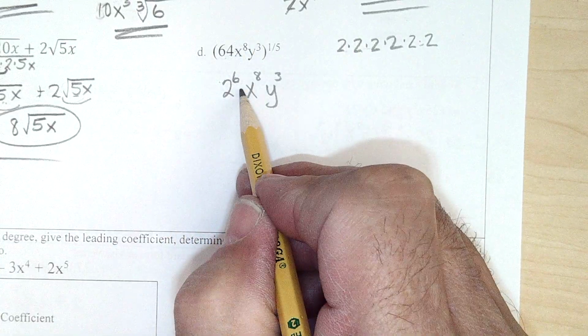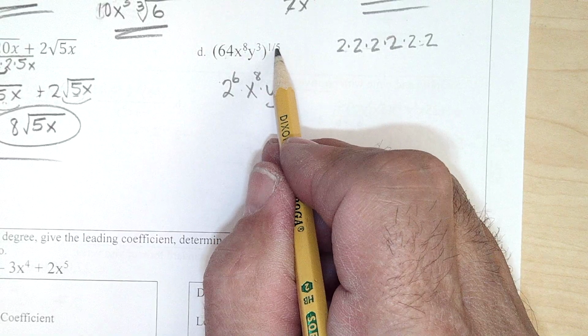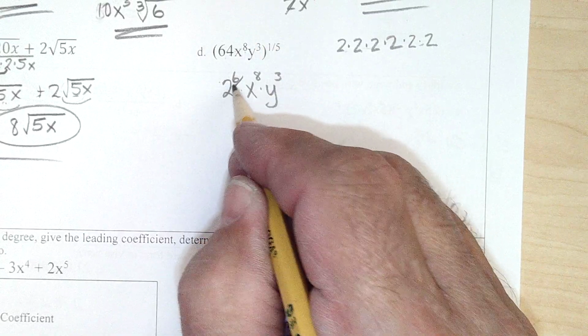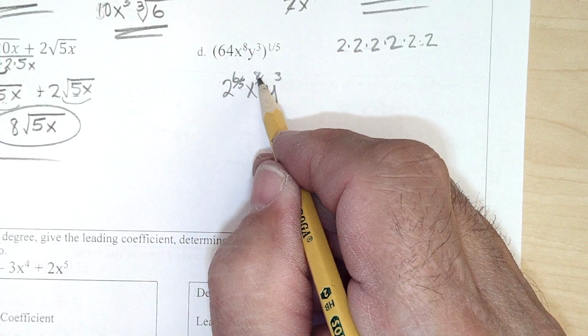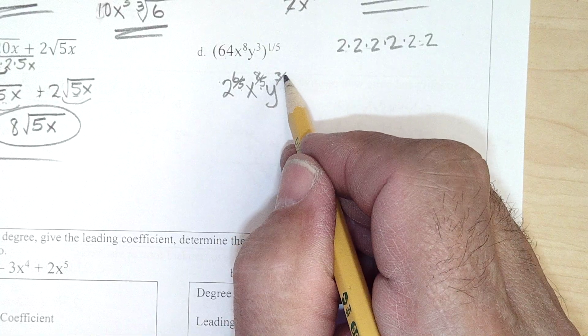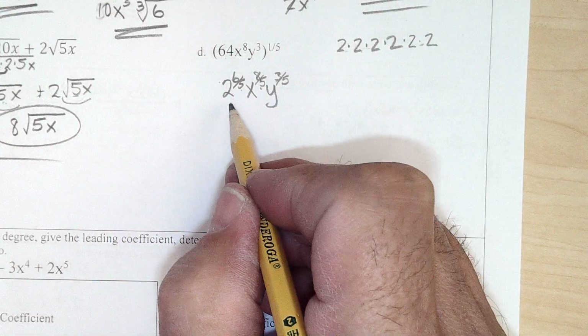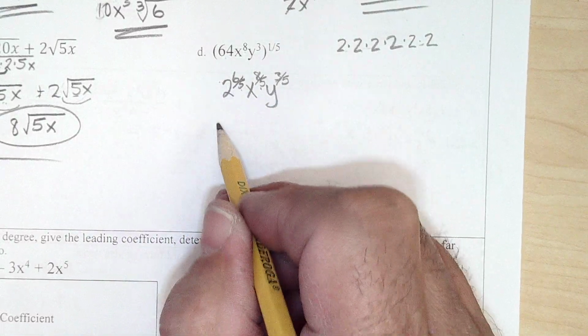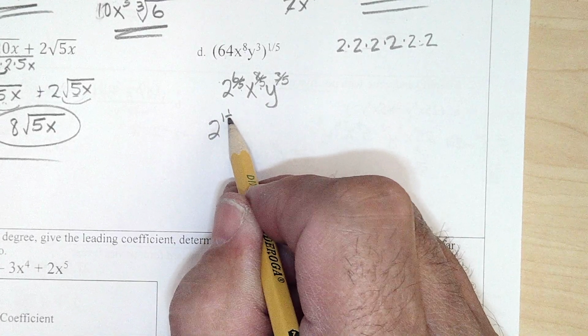These are all times, so I can distribute the 1/5. 1/5 times 6 is 6/5. 1/5 times 8 is 8/5. 1/5 times 3 is 3/5. 2 to the 6/5, that's 2 to the 1 and 1/5.